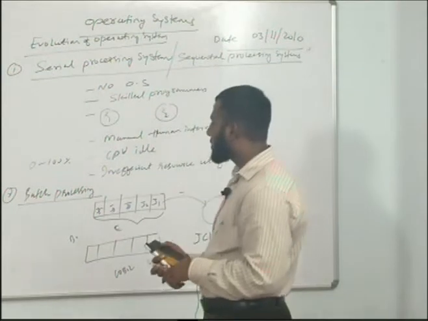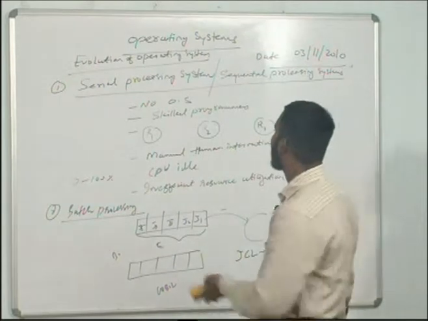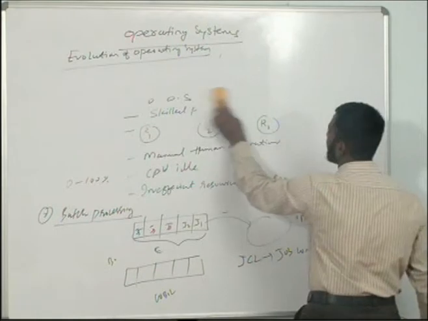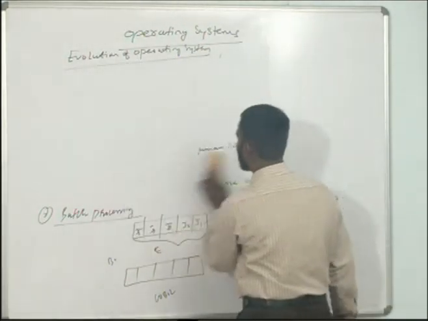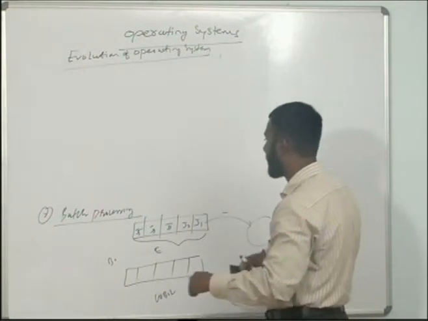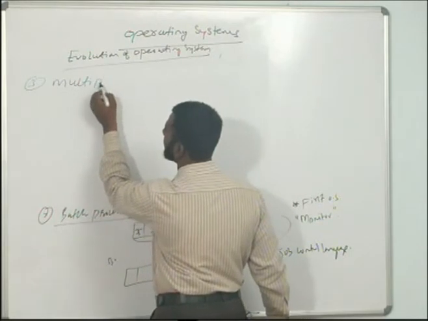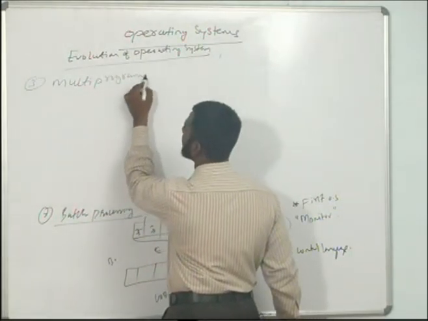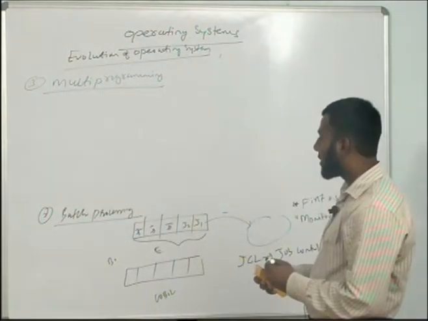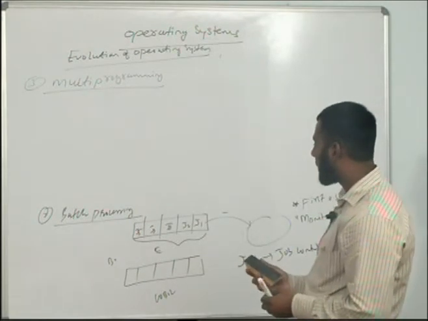Then after this batch processing system comes multi-programming systems. See, the drawback in batch processing is I can load only one set of job.